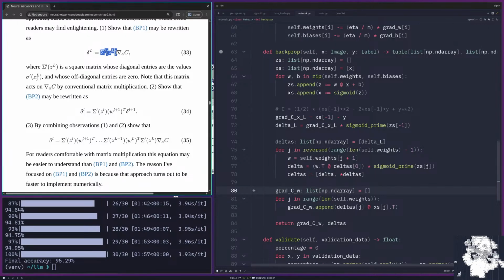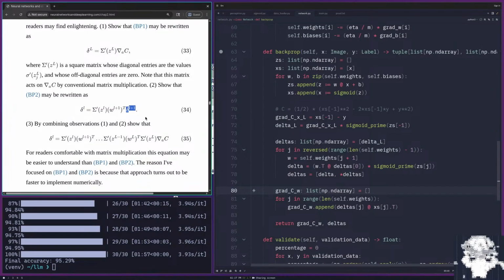You've got this matrix on the left side, and you've got this matrix on the left side. But the deltas are on the right side, and this you want to replace with the next one. So you end up chaining them together into one giant matrix multiplication.